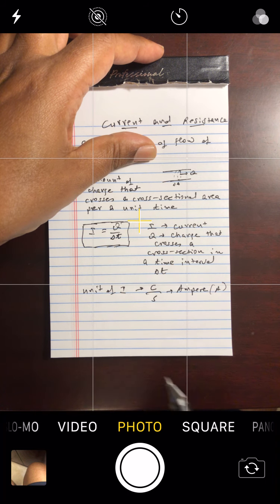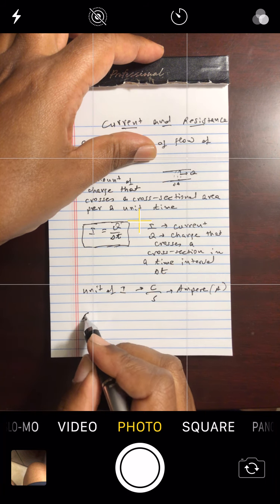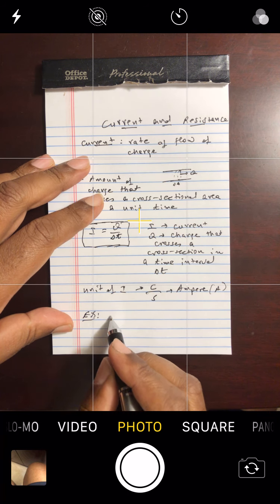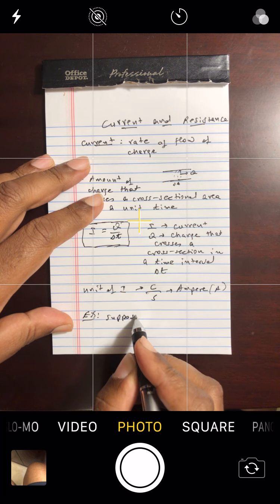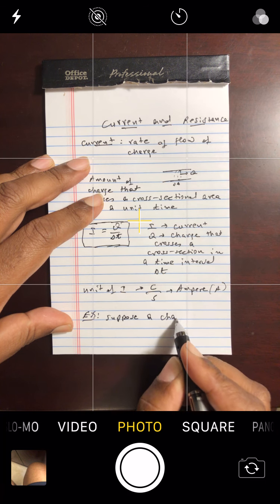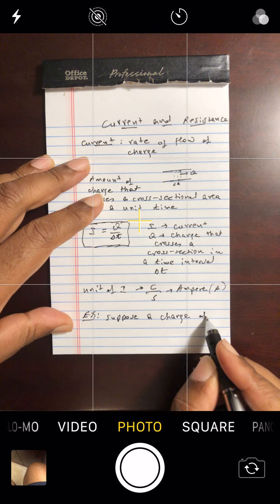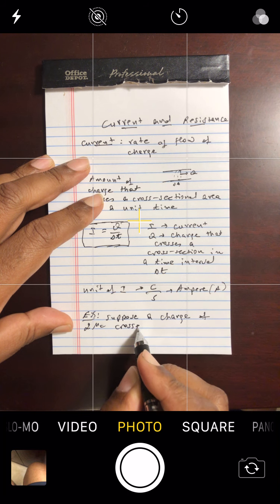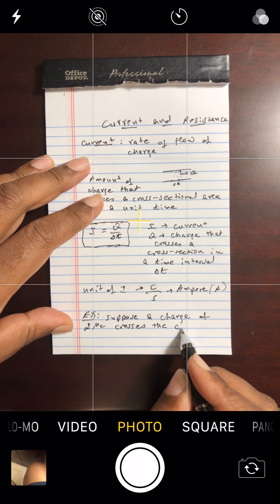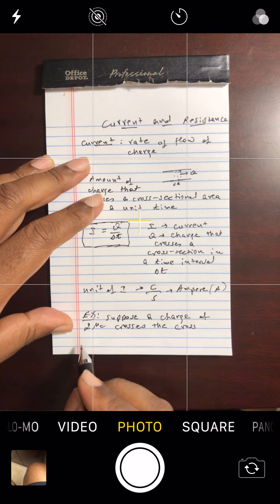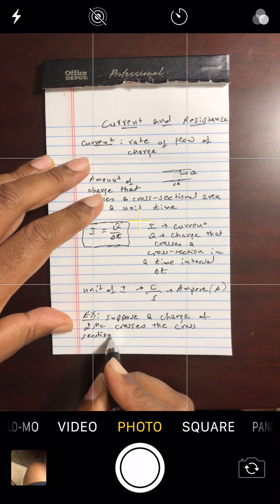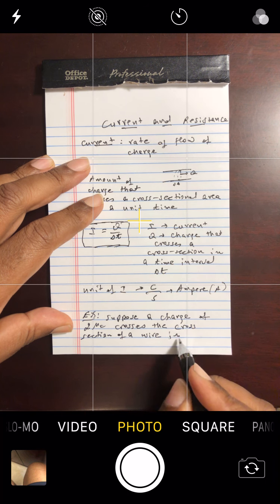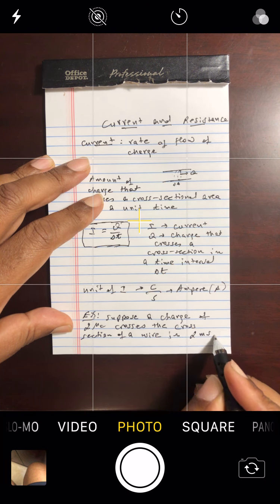Okay, so let's look at an example. Suppose a charge of 2 microcoulomb crosses the cross-section of a wire in 2 milliseconds.